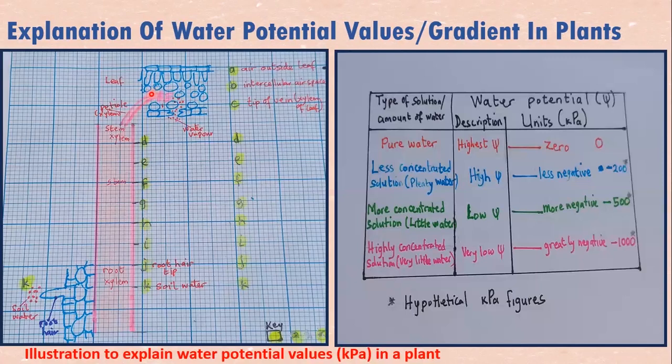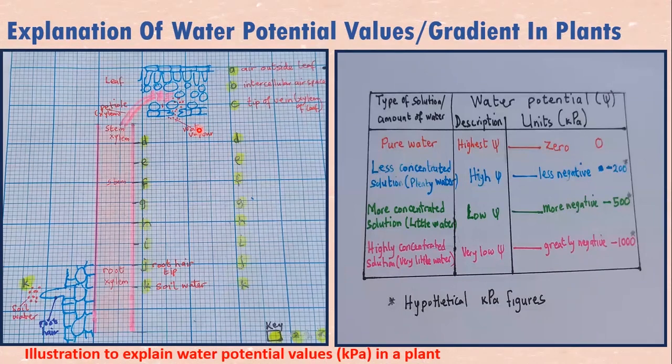So we know that where the water potential is the least will have the lowest water potential, and it will be the greatest negative because it's much, much further away from 0. So in the plant, the lowest water potential value is the greatest negative.